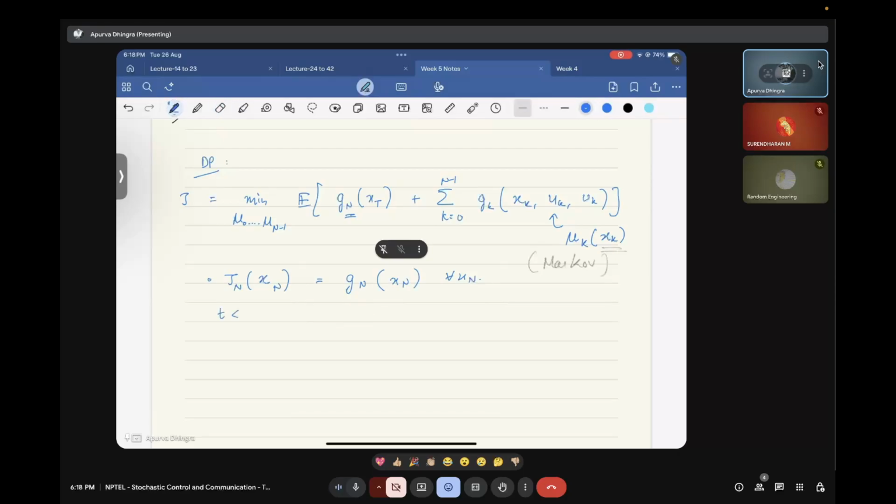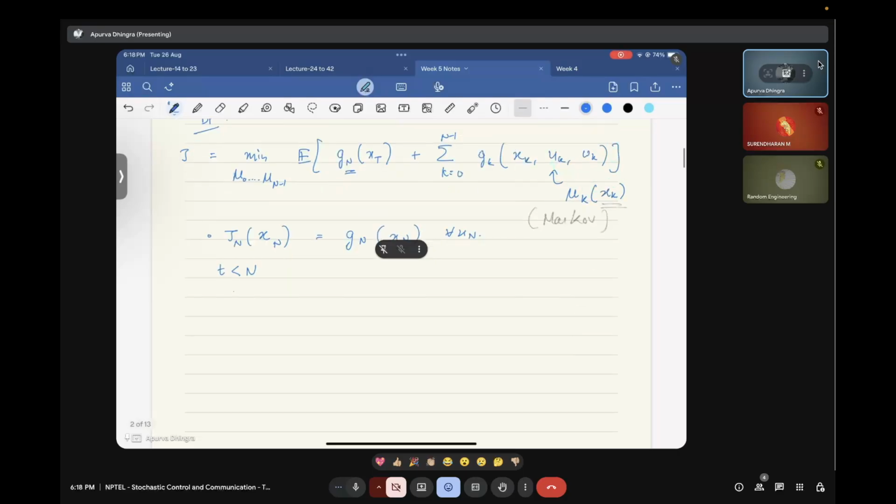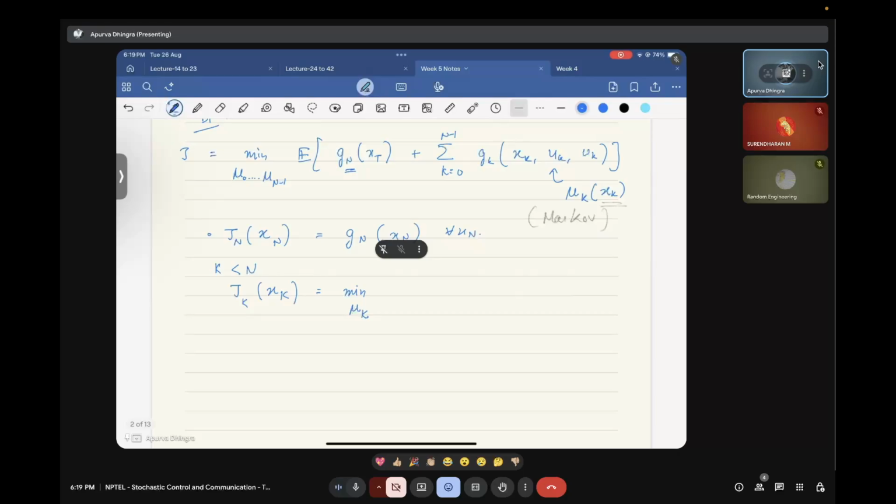So we look at all the other t's which are less than n, and for those, let me not use t so much, I'll prefer using k instead. So we look at k's which are less than n. So for all of them, it's a minimization problem now. So the minimization is at one time only for one thing. So here the minimization would be only for mu k. So if this k was n minus 1, I'll be only optimizing over mu n minus 1. That's all.